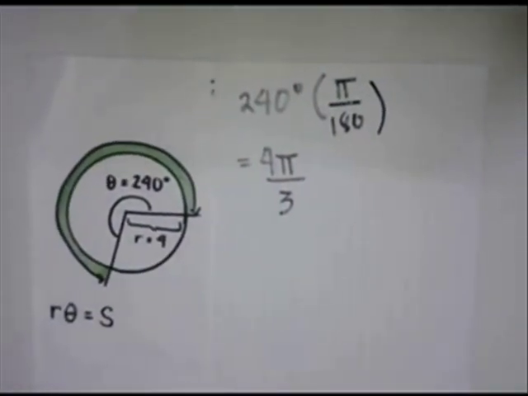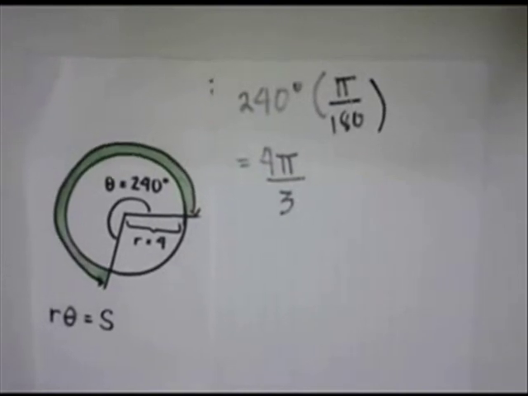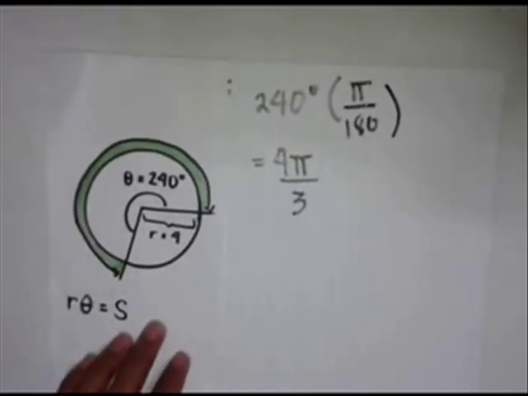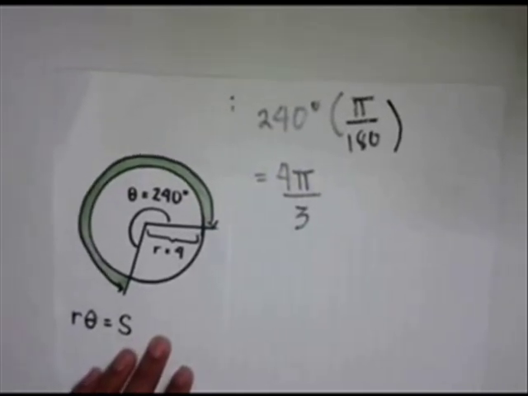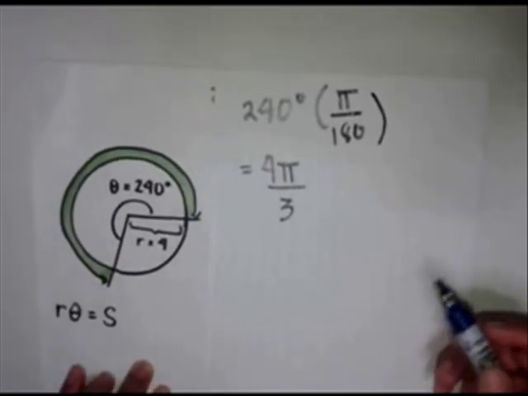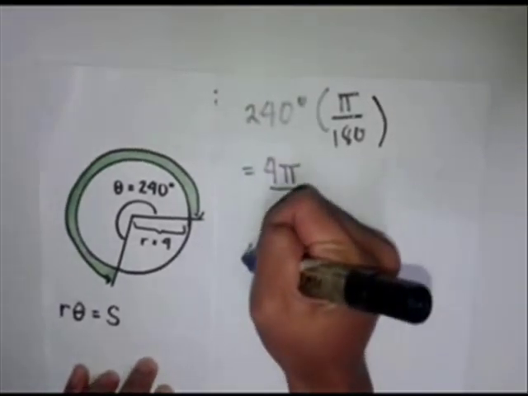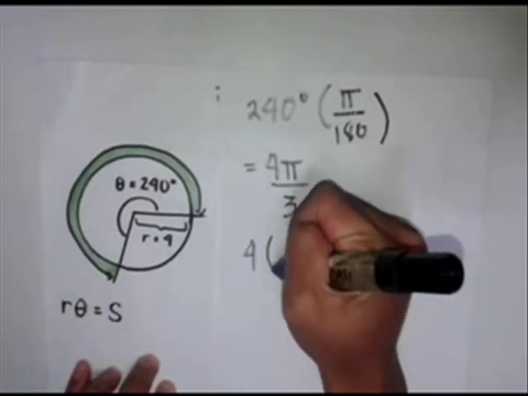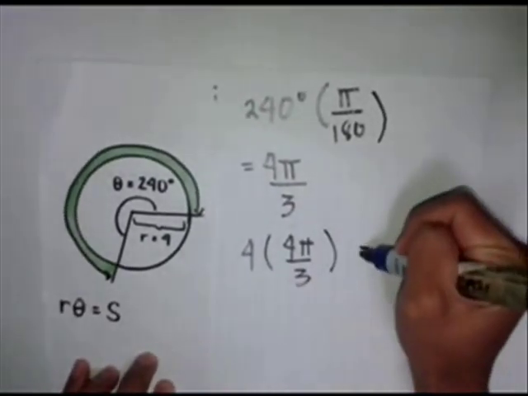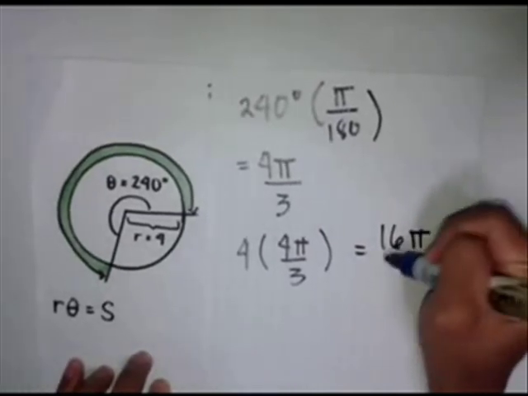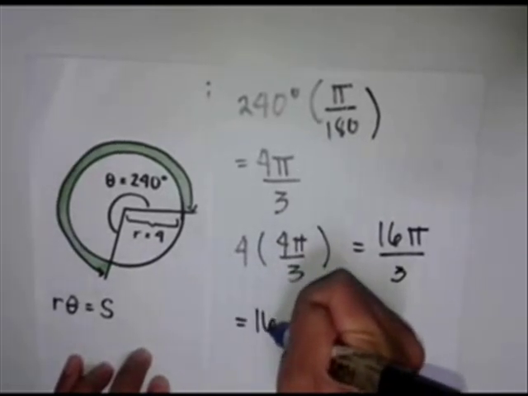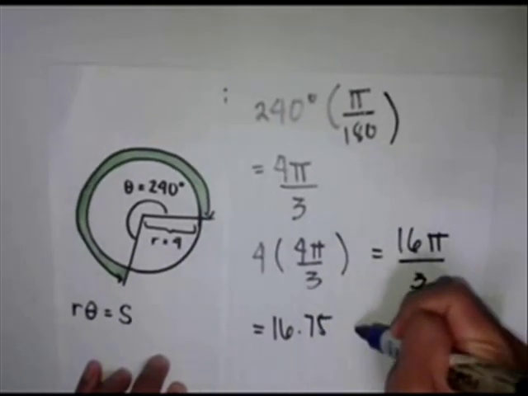By this, we can use the radian measure and multiply it by 4 inches in order to find the arc length. Using a radius of 4 inches, we can find the arc length by substituting into the formula given. 4 inches multiplied by 4 pi all over 3 is equal to 16 pi all over 3, or it would be equal to 16.75 inches.